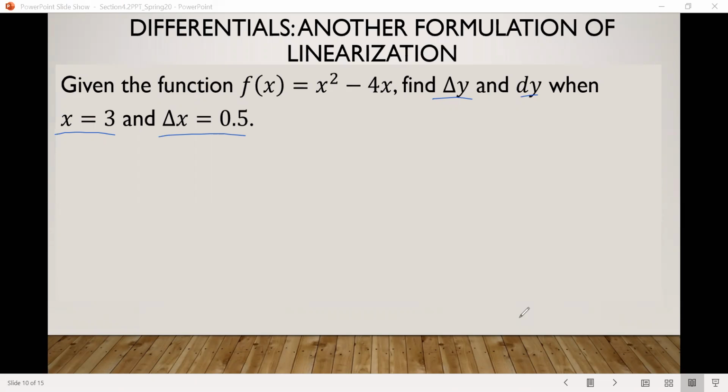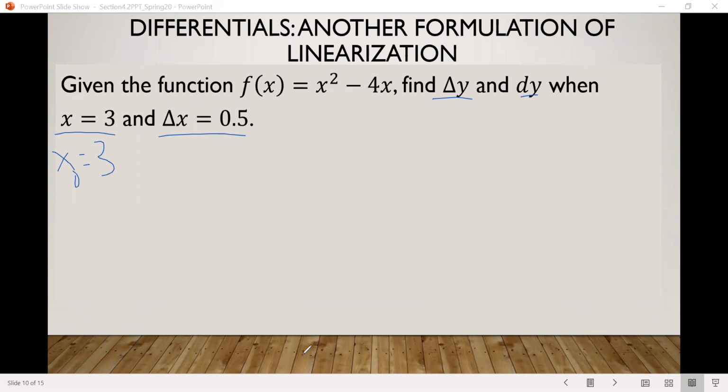Okay. Now, in this case, this x equals 3, 3 is going to be like our x sub naught. Okay. So that's going to be that starting value of x we're looking at. And then everything else represents the same thing that it did on the picture.